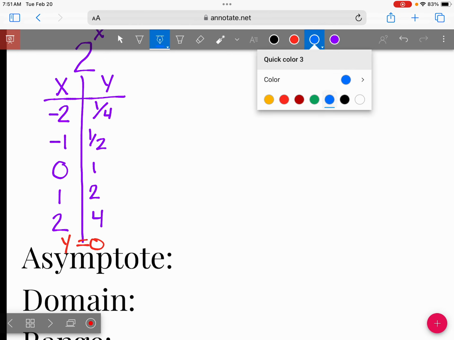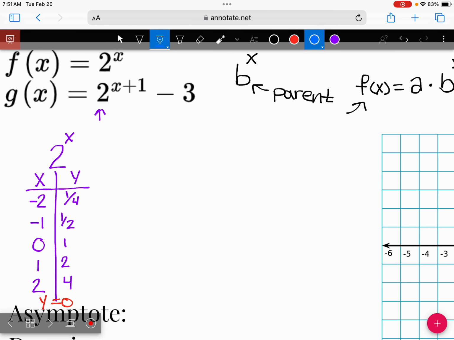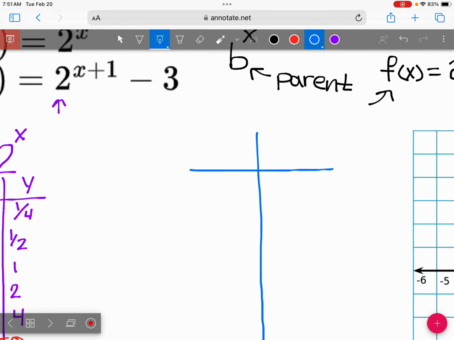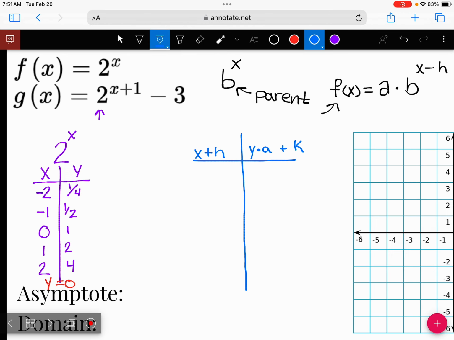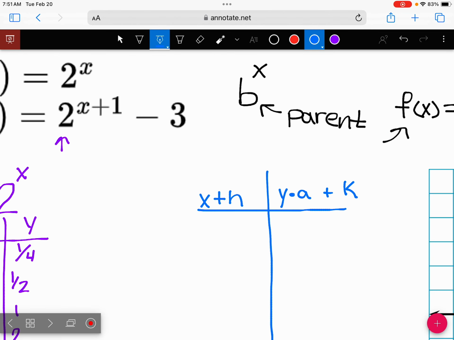To get our transformation, we are going to do a table just like we've done for the bell work and for the last couple of chapters, where we take our x plus h and our y times a plus k. Same transformation form. So we've got to match them up to know if we have a's, h's, or k's.